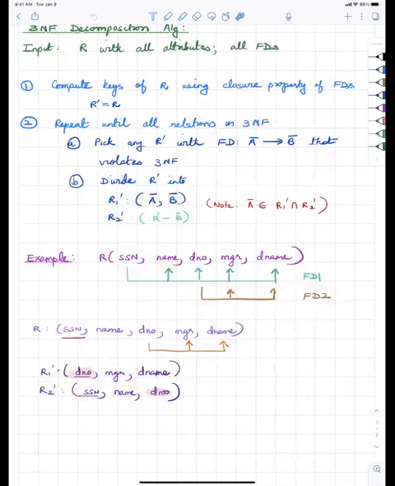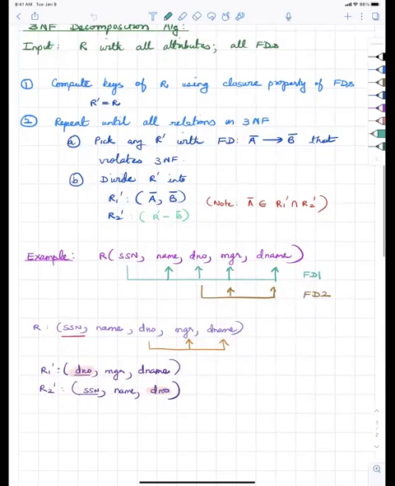Now we look at table R1 dash and see, is R1 dash in third normal form? R1 dash has only one functional dependency, D number going to manager and D name, and D number is the key, right? Therefore R1 dash is in third normal form.